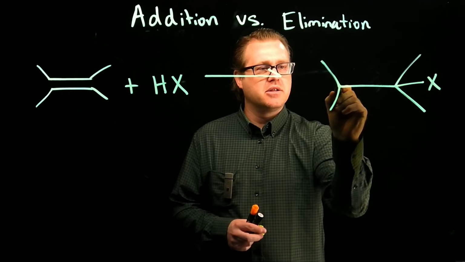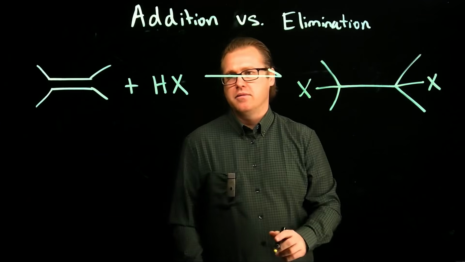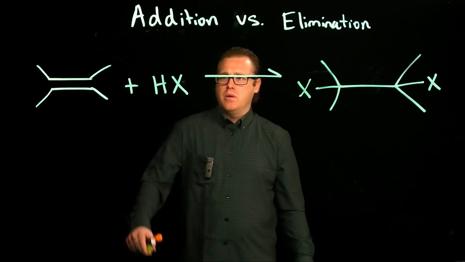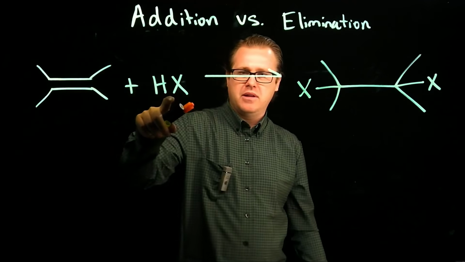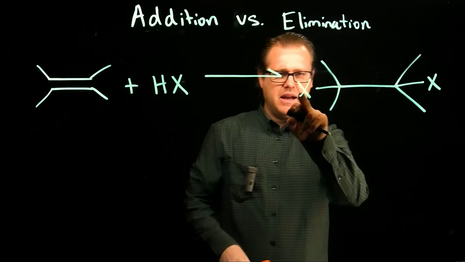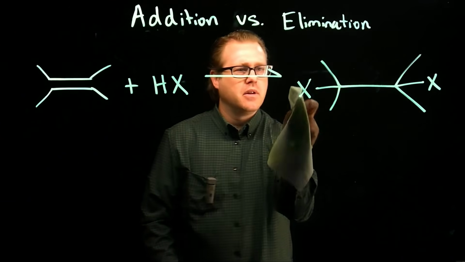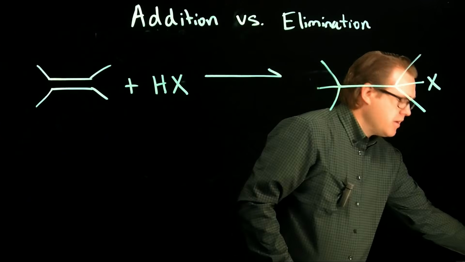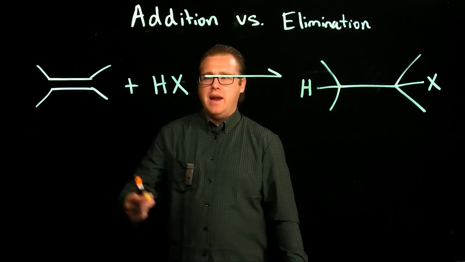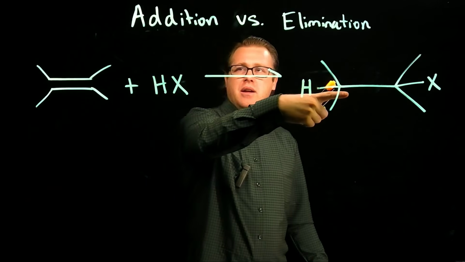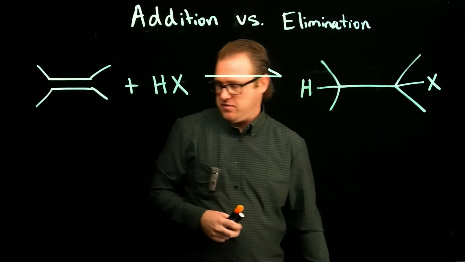X and our H, like that, right? So going from the alkene, treating it with an acid, we would get, that is definitely not an H, no, is it? That needs to be an H. So going in the forward direction here, we have an addition reaction, all right?